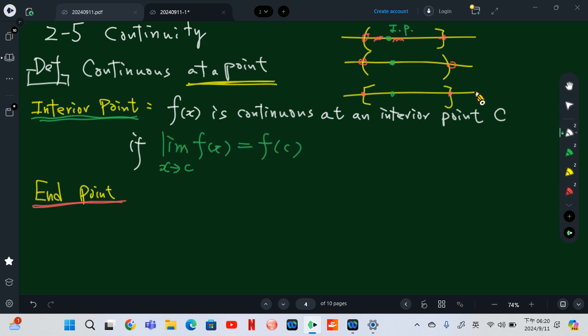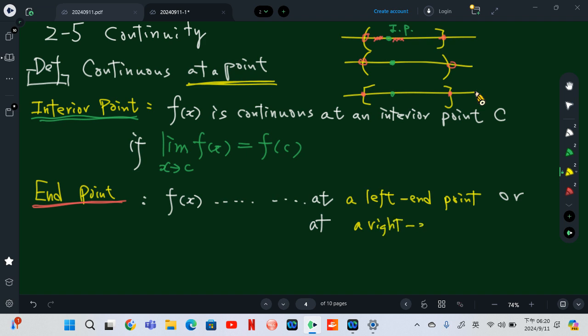If for an endpoint we want to define it is continuous at a left endpoint or at a right endpoint, what is the left end? Left end means this point. Right end means this point.